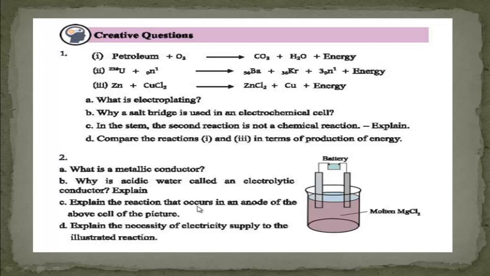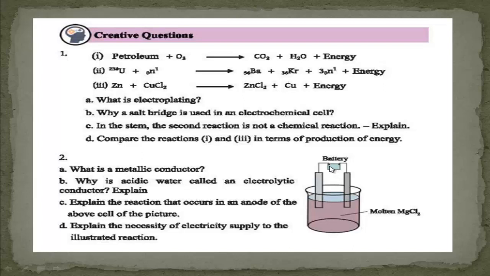Explain the reaction that occurs at the anode of the cell in the picture. Here this is the electrolysis of molten magnesium chloride. That means there are magnesium ions and chloride ions, there is a battery, and there are 2 electrodes. So you have to explain the reaction that occurs at the anode.